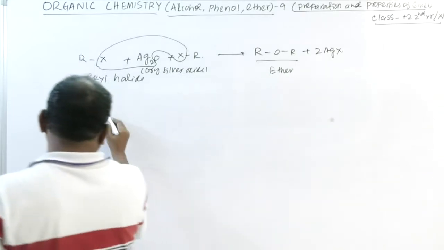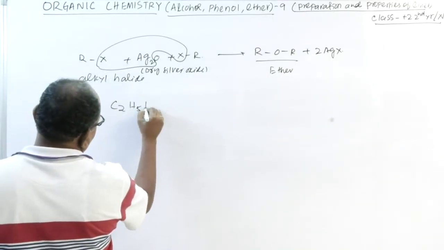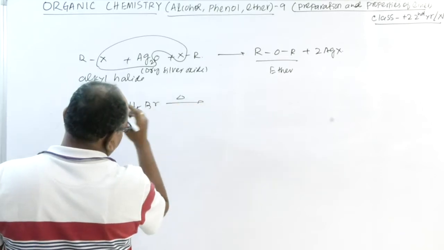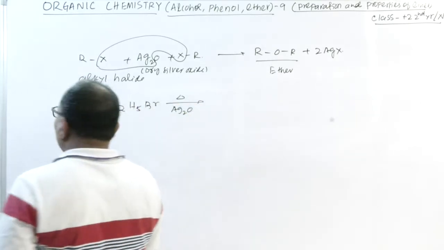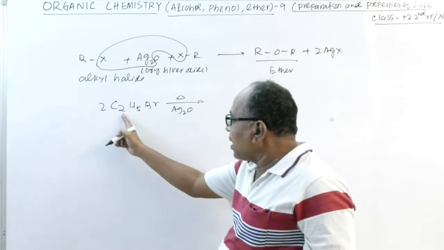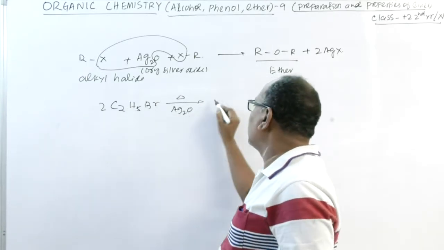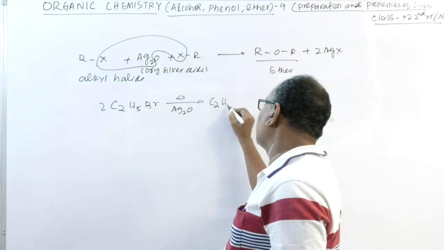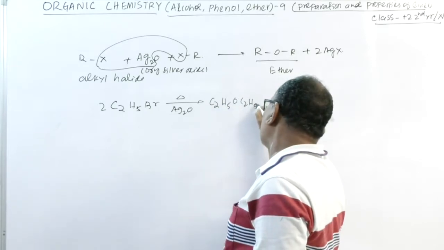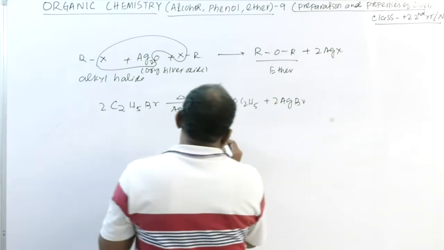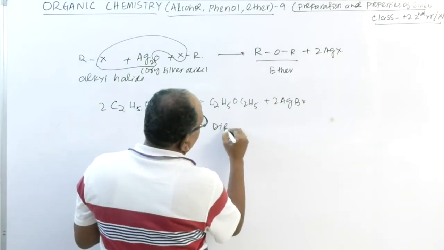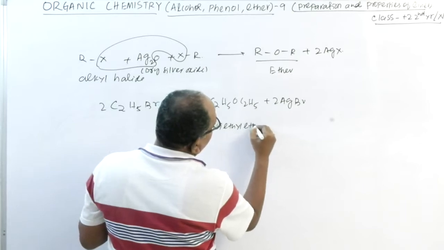Suppose you take ethyl bromide and heat with dry silver oxide, 2 molecules. What is ROR? That is C2H5OC2H5 plus 2 AgBr. This is diethyl ether.